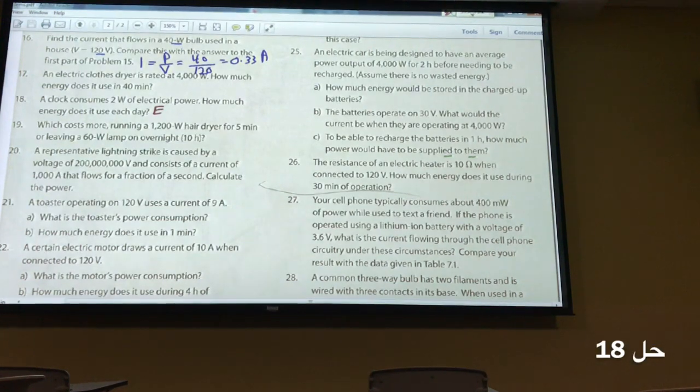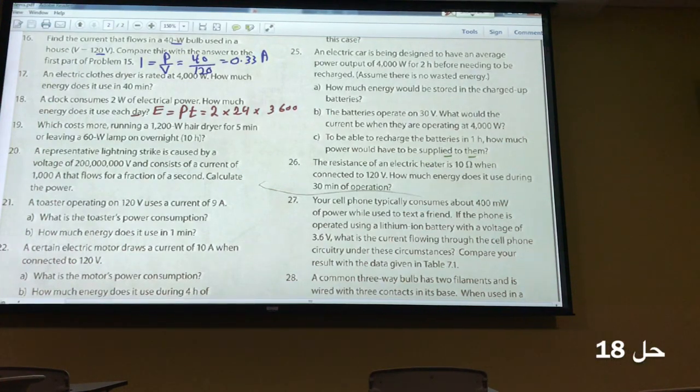So the energy is P multiplied by T. What's P? 2 watt multiplied by T, in which unit? It's going to be second. So 1 day, how many seconds? It's going to be 24 hours, multiplied by each hour, how many seconds? 3,600.